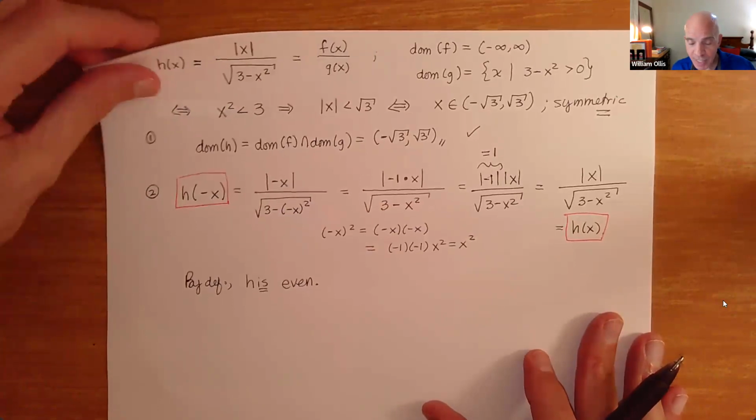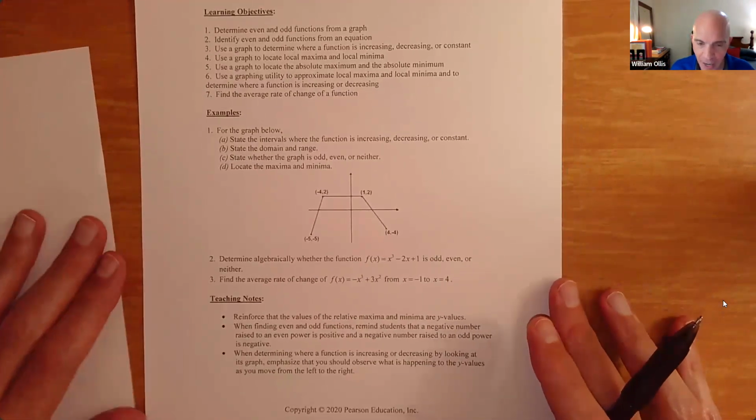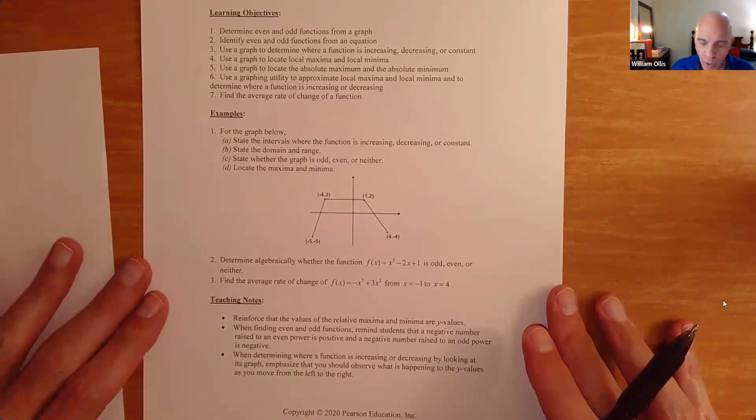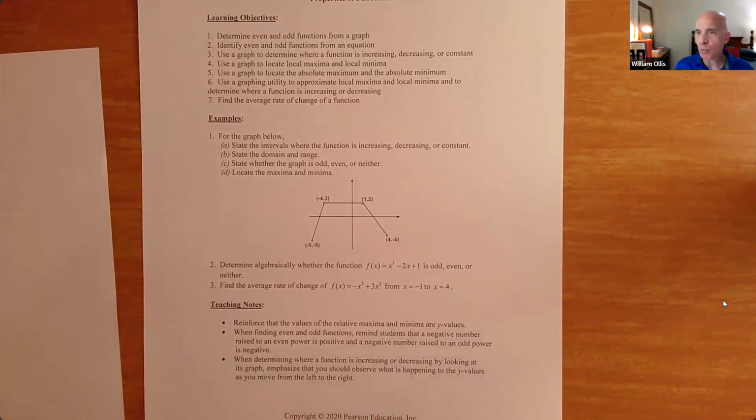Now, I wanted to say just a little bit about an example from your lecture notes that is of interest. And this is a nice picture here. Now, what is interesting about this is that you think of increasing and decreasing functions, okay?